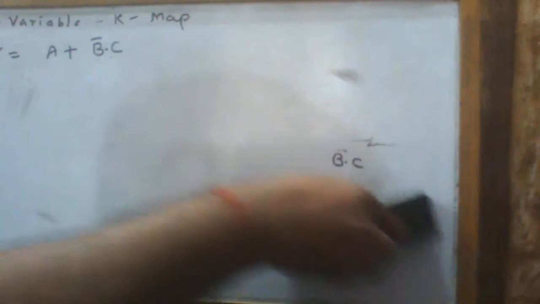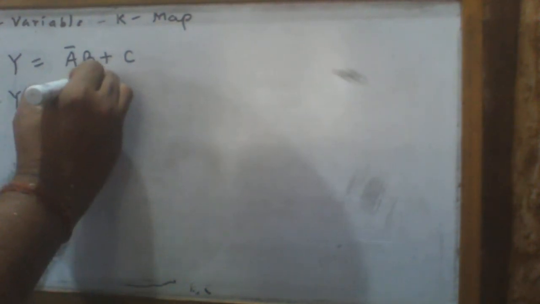Some of these examples are: if the equation is y is equal to A bar B plus C, then the second equation is y is equal to A B bar plus C bar.